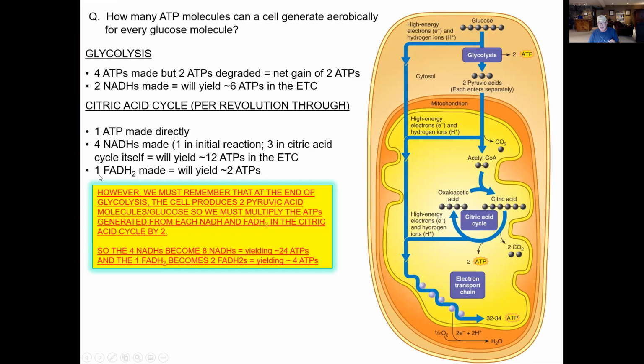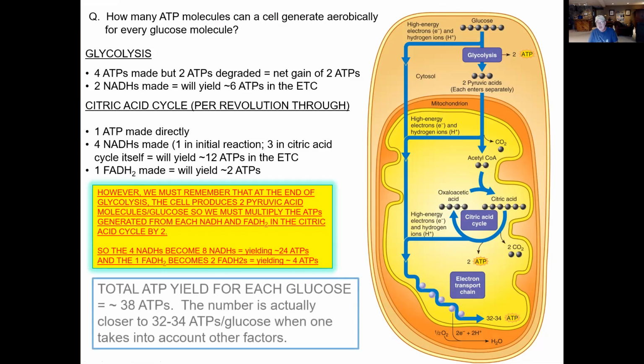And then we have the 1 FADH2 multiplied by 2, giving us 2 FADH2s times 2 each gives us 4. Plus we made 2 directly. So when you tally all of this up, the ATPs made directly and the ATPs made indirectly as a result of electron transport, each glucose molecule, just looking at strictly the numbers, we would come up with something close to 38.